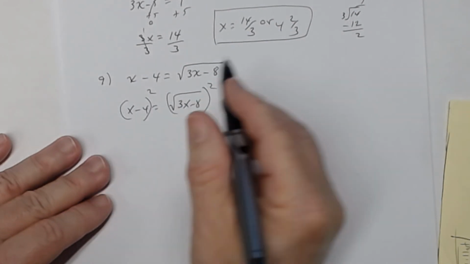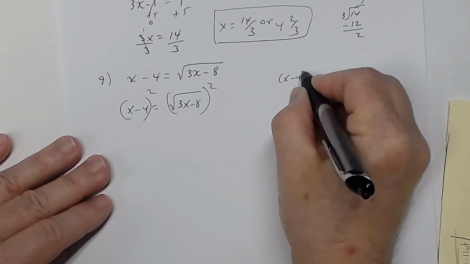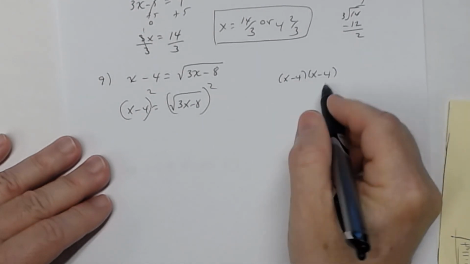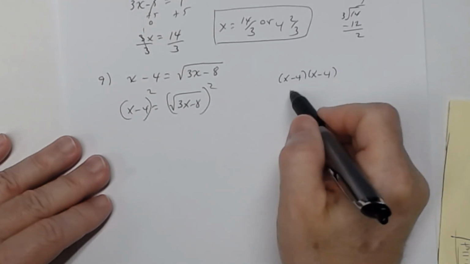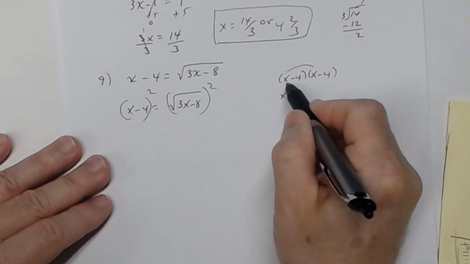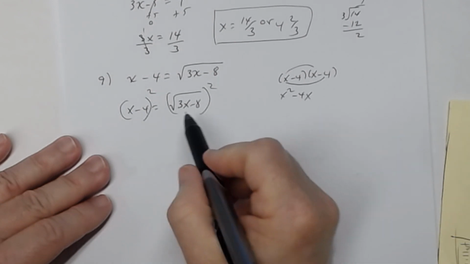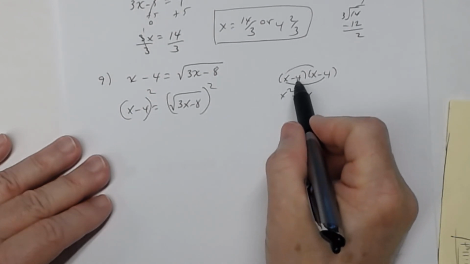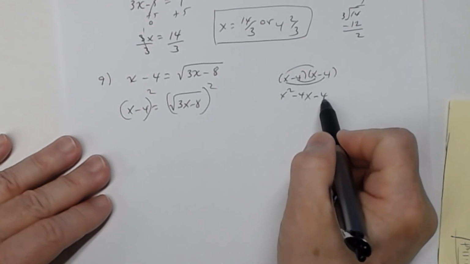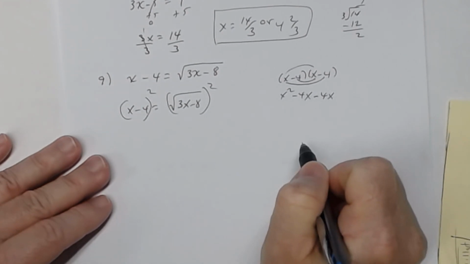So x minus 4 squared, let's think about what that is. x minus 4 times itself, right? Following this out, I get x times x is x squared. The outer, x times negative 4, is a negative 4x. Now remember, when you square a binomial, the outer and the inner are going to be identical, so you get negative 4x and another negative 4x.